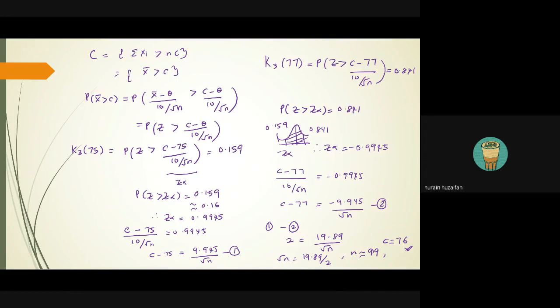So this example shows you that when we have a large sample size, the power of the test will be increasing. But again, all this testing depends on the researcher, what you want to decide for your alpha and also beta. What you want for your type 1 error. You want the smallest as you want, ataupun kena considerate lah, kena balance.